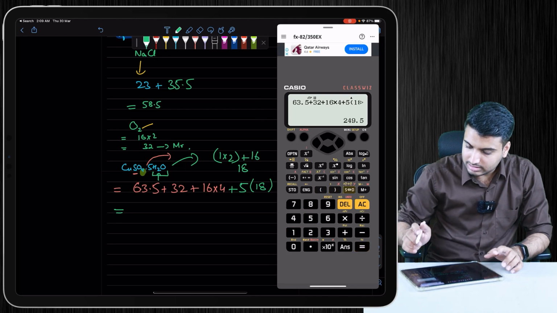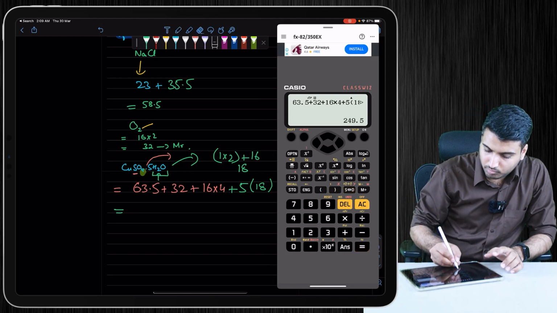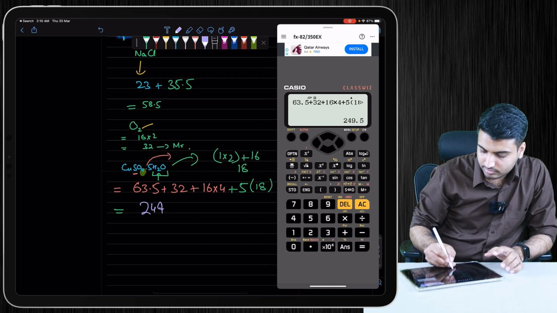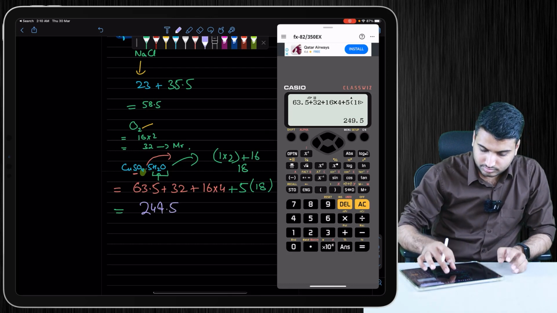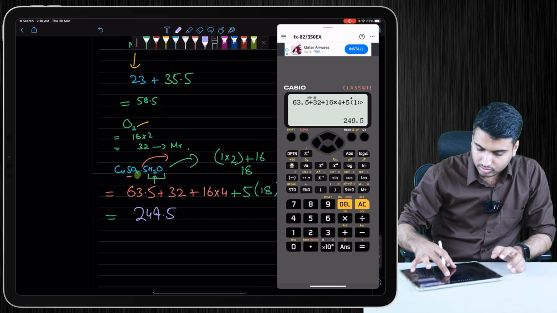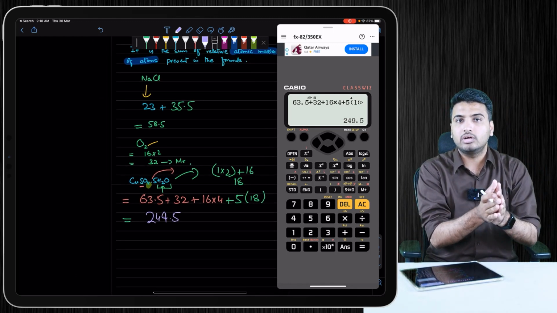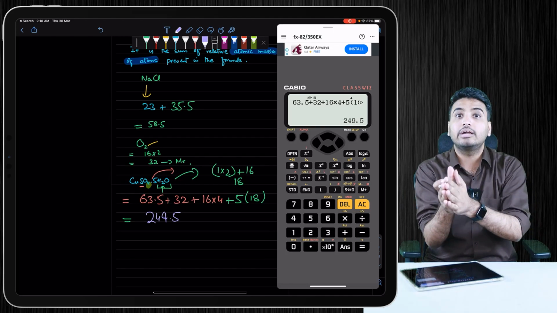The final answer is 249.5. So this is the process of finding relative molecular mass or relative formula mass.